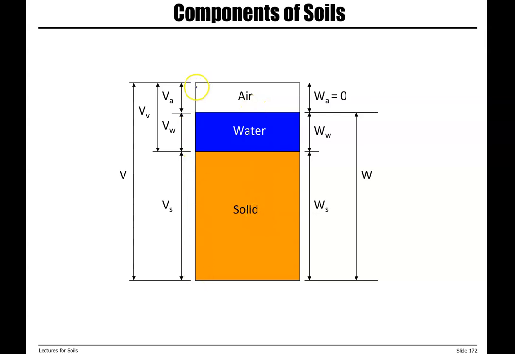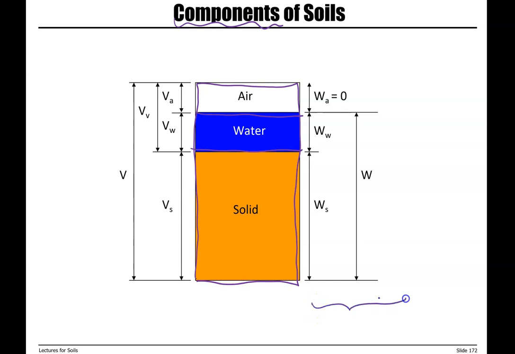We draw a rectangle and divide it into 3 sections. Each section represents 1 component of soil. So we have air, water, and solid particles.